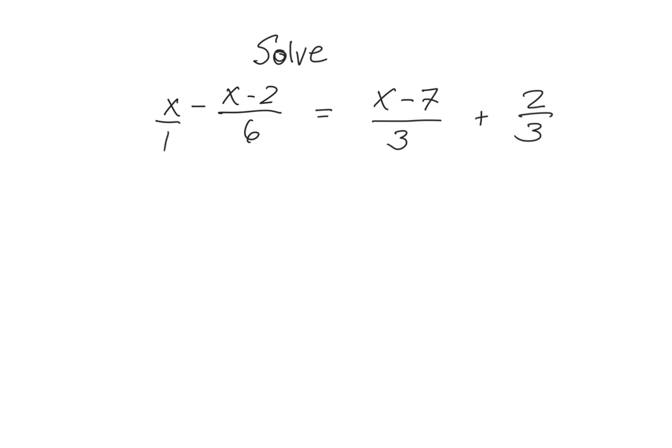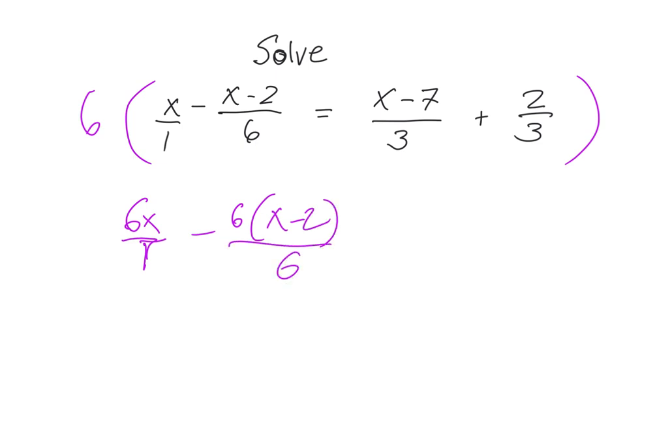So I'm going to multiply absolutely everything by 6. And when I do that, I'll then have 6x over 1 minus 6 times x minus 2 over 6 equals 6 times x minus 7 over 3, plus 6 times 2 over 3.